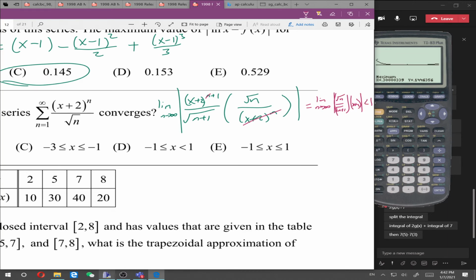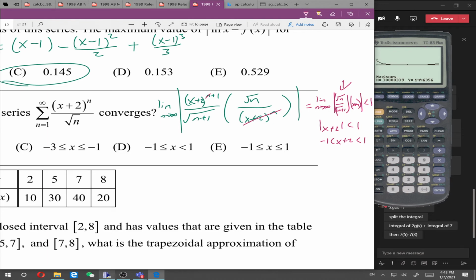So this whole part on the left, root n over root n plus 1, what's the limit as n approaches infinity? Okay, that left part's 1, so that leaves me with x plus 2 is less than 1. Therefore, x plus 2 must be between negative 1 and 1.